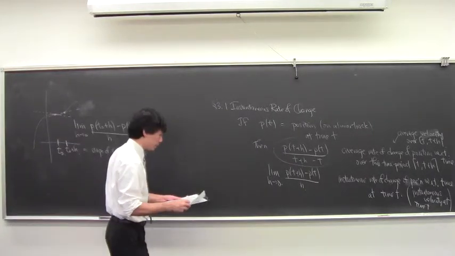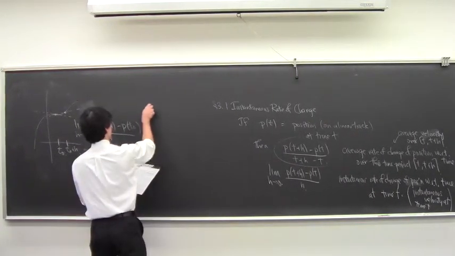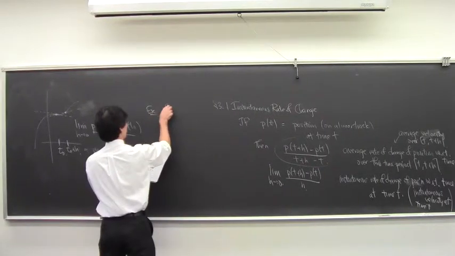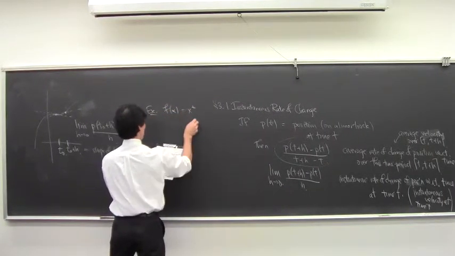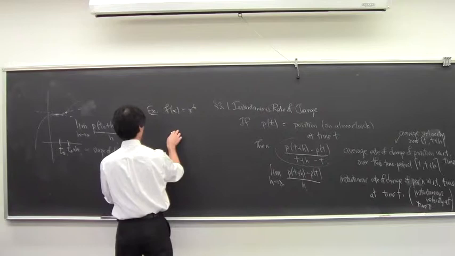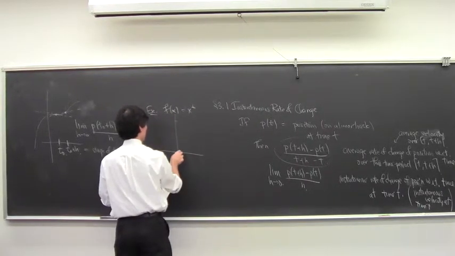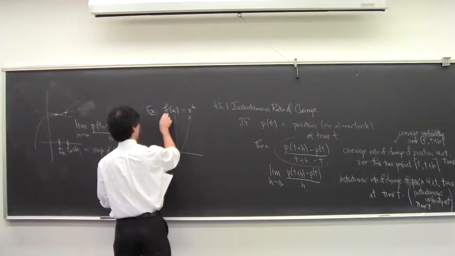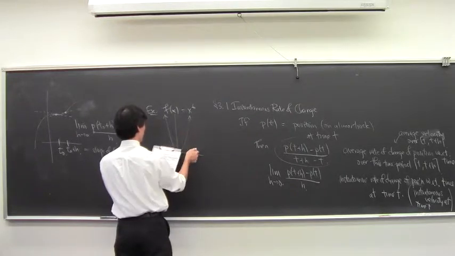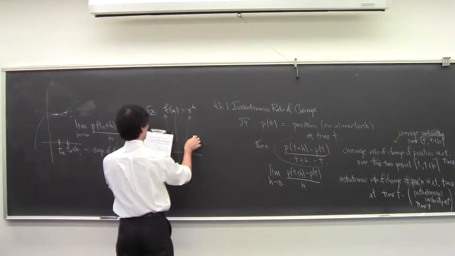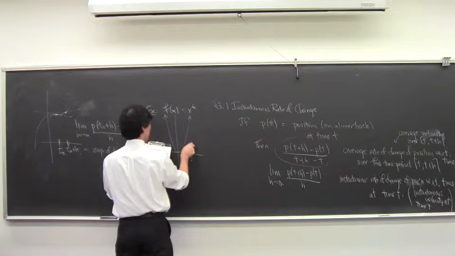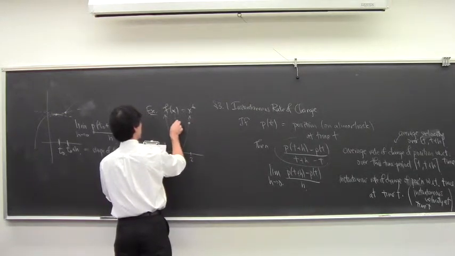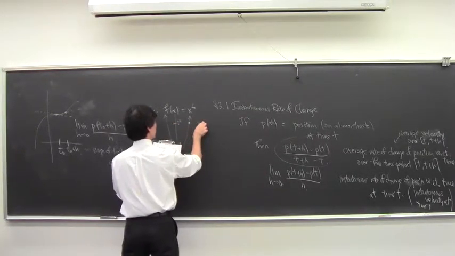Okay, so just for practice, let's just do one. The function is x to the 6th, and I'd like to know the slope. It looks sort of like x squared, but more curved. So there would be a point 2, 2 to the 6th.